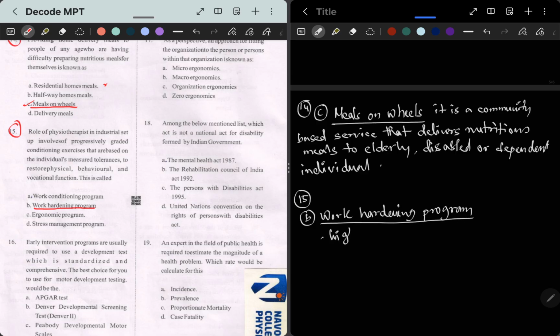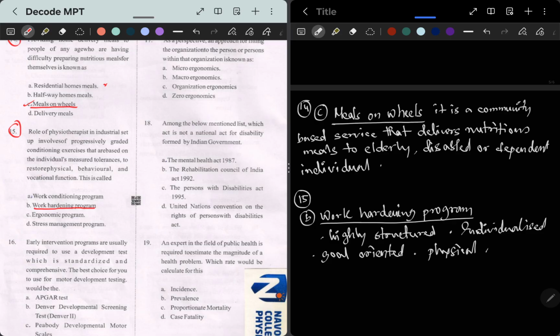As it is highly structured, individualized, goal oriented, and it restores the physical endurance, the behavioral tolerance as well as the vocational capacity.